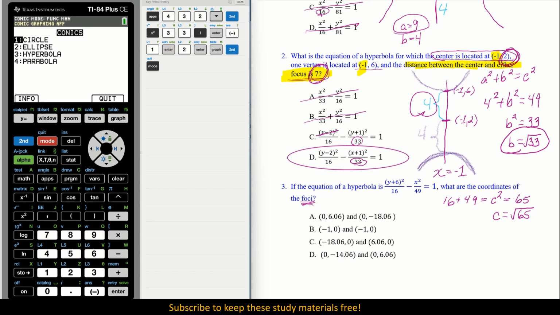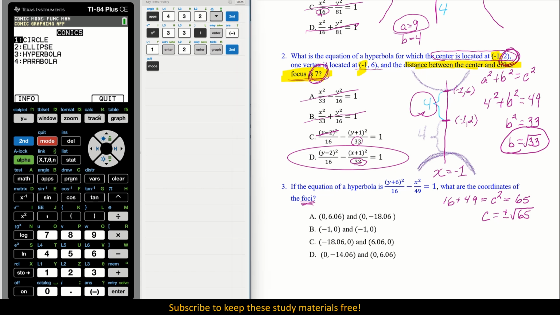Oh, and I forgot one very important thing. Let me erase right here. When we take the square root of something, we need to always take into account plus or minus. In some cases it doesn't apply. In the case of parabolas, it definitely applies.